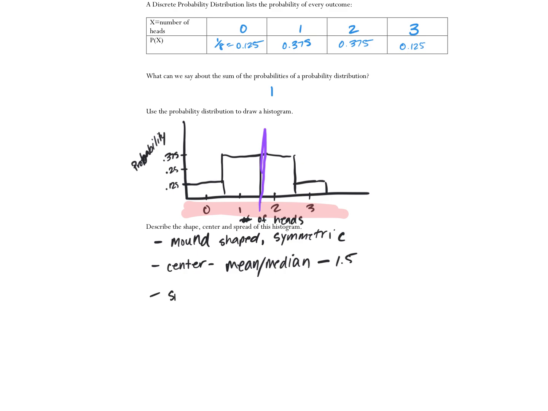Some of the measures of spread that we talked about were the range, the IQR, and the standard deviation. When I'm given just a histogram, I might say that the range is equal to 3 minus 0, which is 3. We also talked about standard deviation being like distance from the mean.